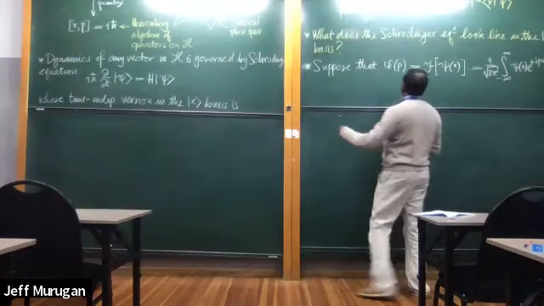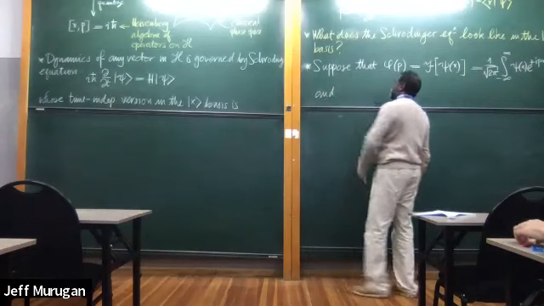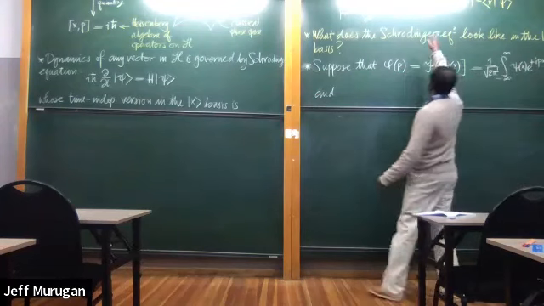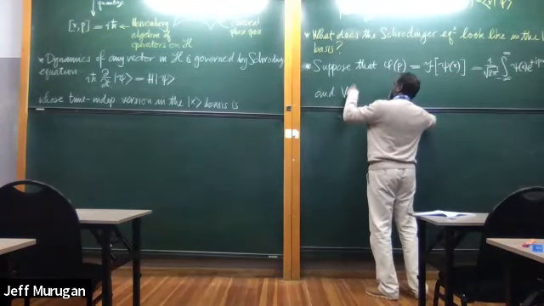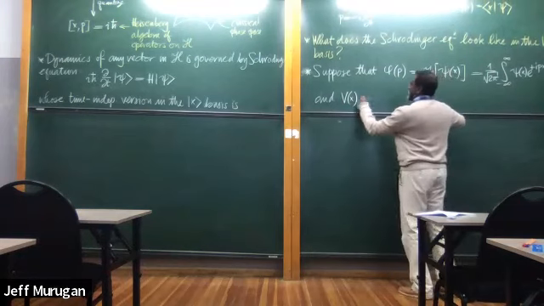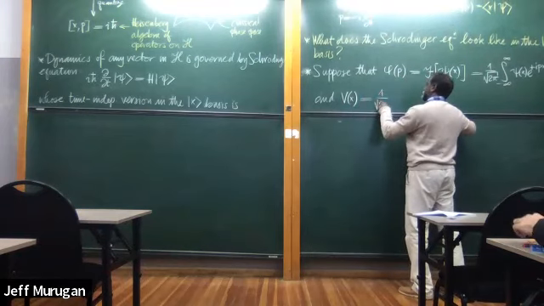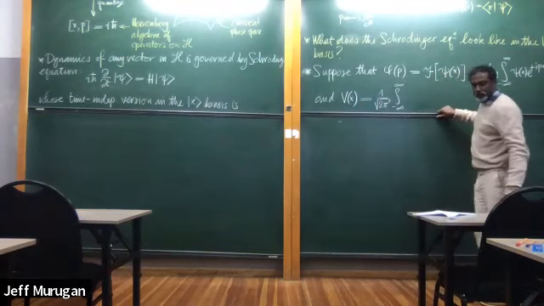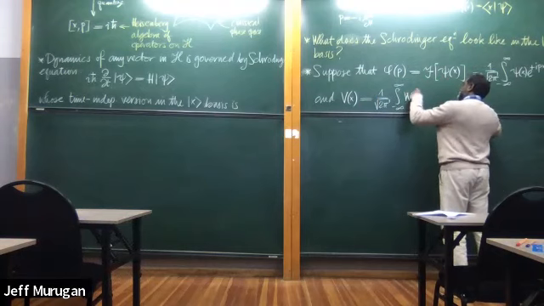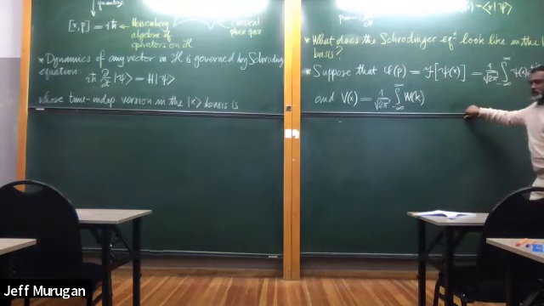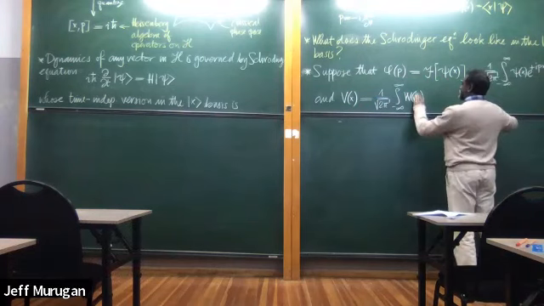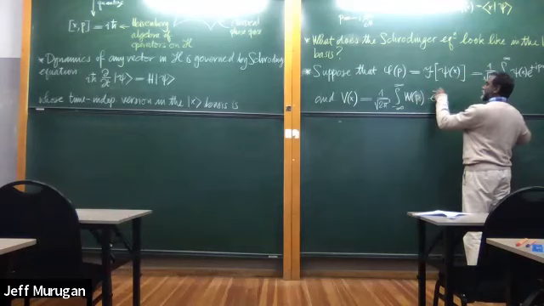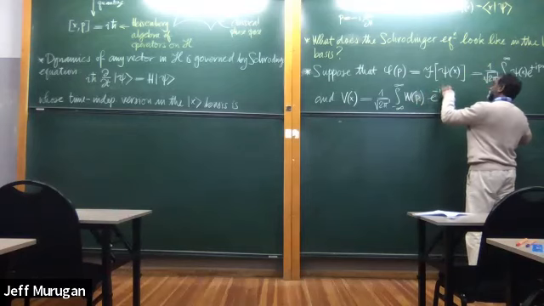So I'm going to make one more definition, and that's I'm going to write the potential v of x as 1 over root 2 pi integral of some associated w of k, w of p in momentum space, e to the minus i p x dp.